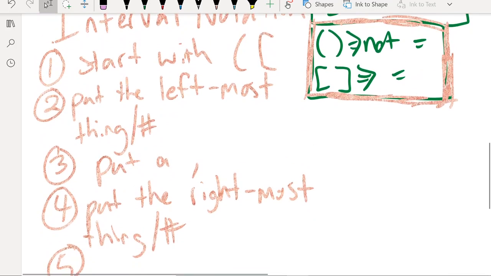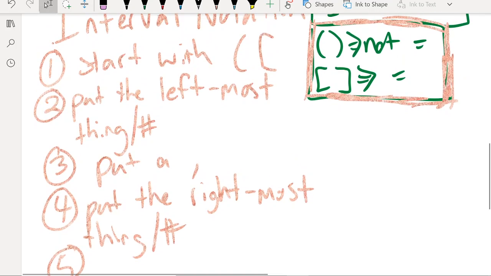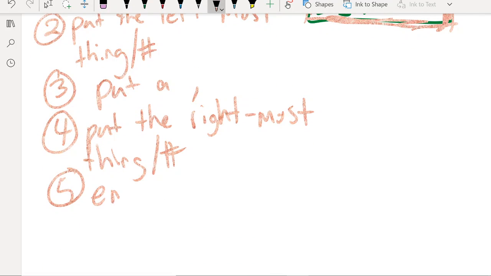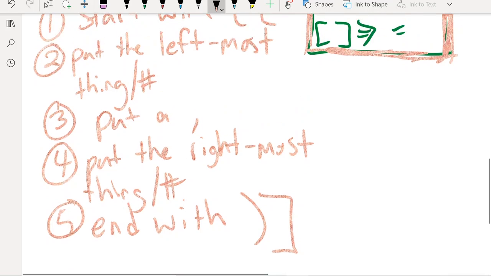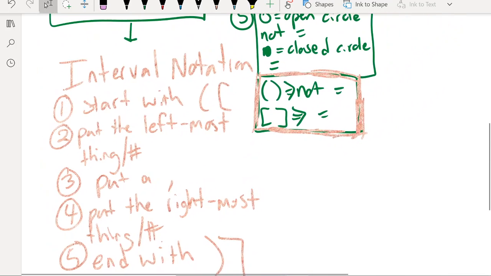Step 5 is exactly like step 1, except it's pointing the other way, so end with a parentheses or a bracket, depending on what you got. Okay, those are the steps for interval notation.